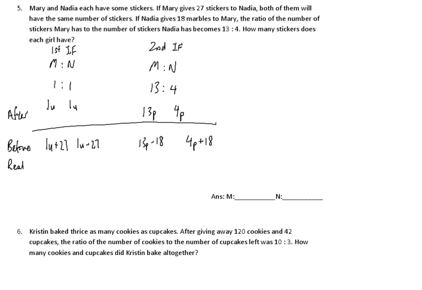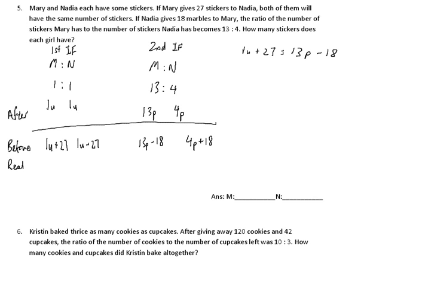Okay, thank you. So, now, we know that this is the real model. And Mary, real is 1 unit plus 27. And Nadia, real is 13 parts minus 18. Am I right to say that 1 unit plus 27 equals 13 parts minus 18?